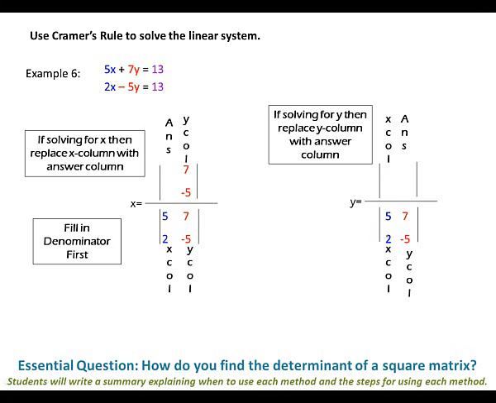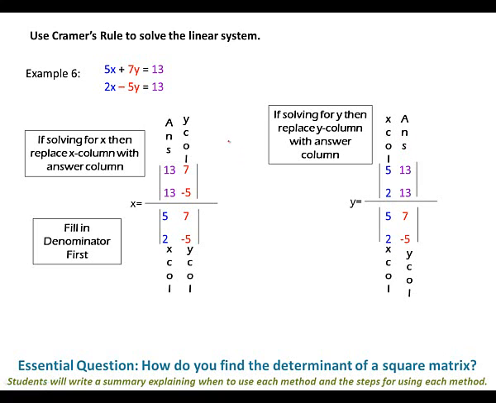In the other one, what would go upstairs? 5, 2. Then whatever you're solving for, we drop the answers into. See how I dropped the 13, 13 in? In the second one, we are solving for y, so I'm going to shove the x column upstairs and drop the 13, 13 in for the y column.